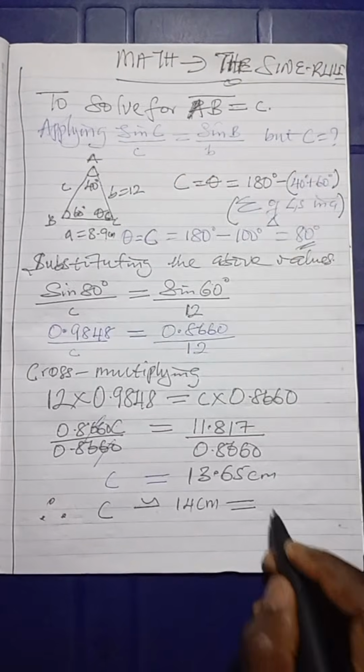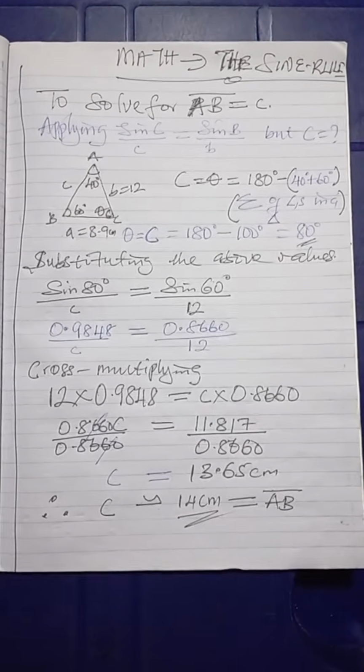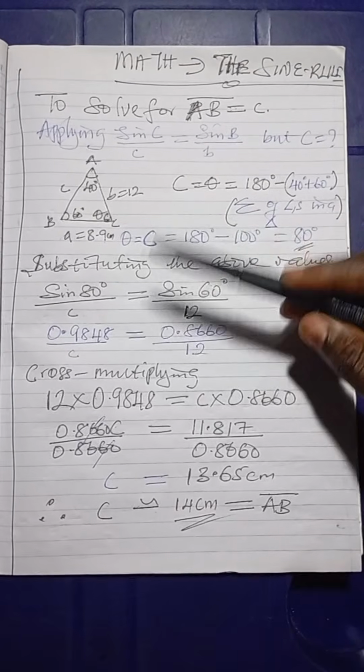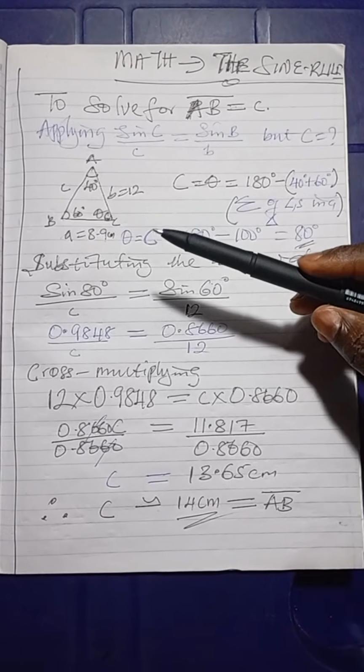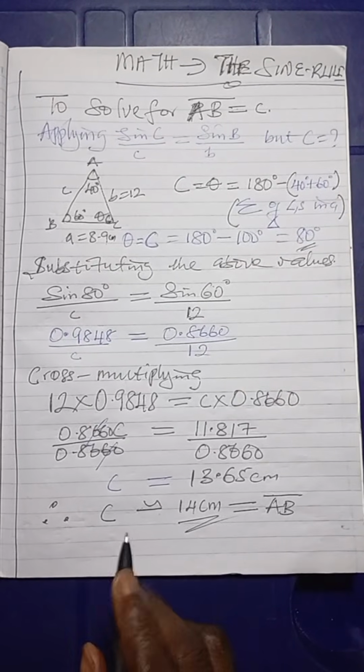Okay, good. So that is how you can solve for the given side or any side you are required to calculate. Now, indirectly, we have solved this triangle completely.